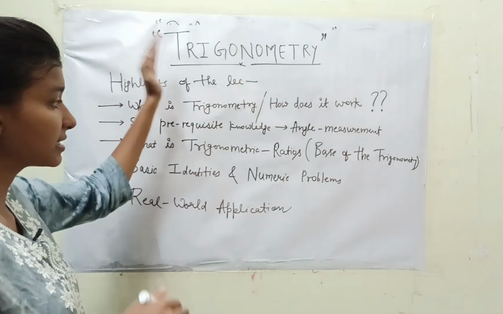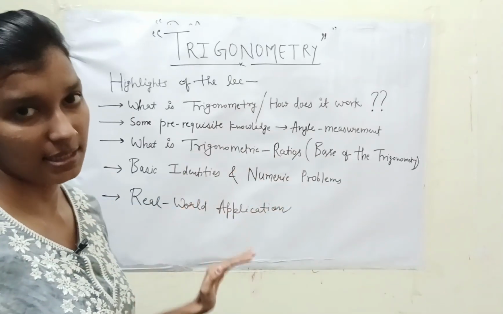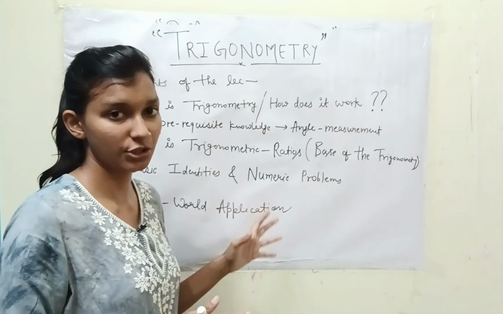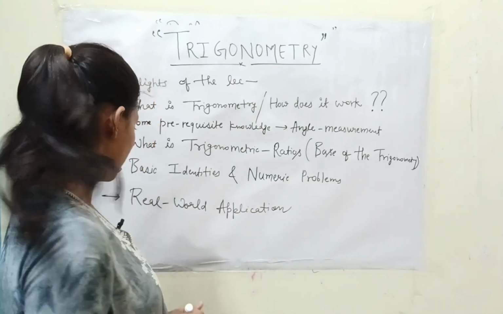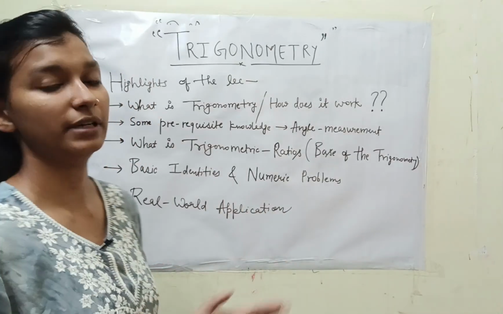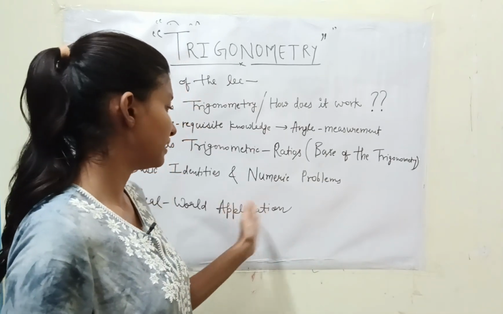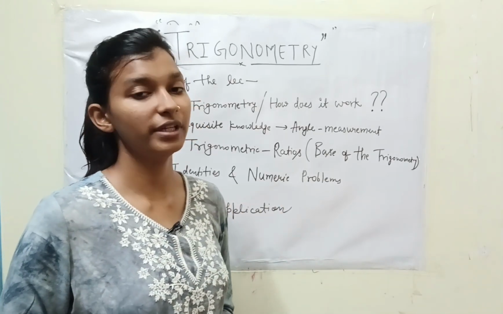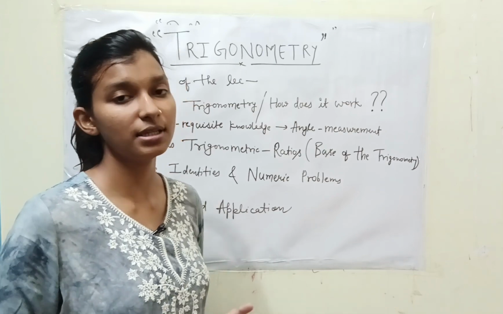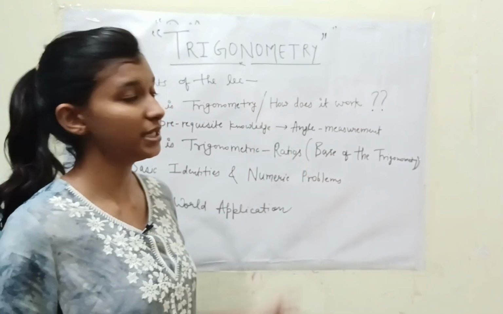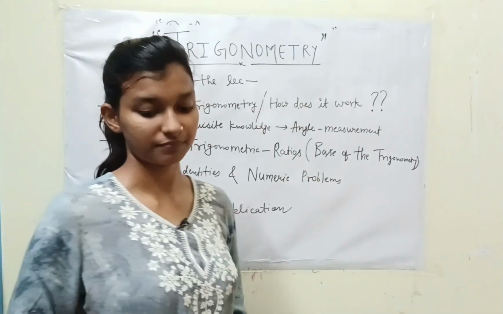Then, after discussing all these basic concepts, some brief knowledge of trigonometry, we will be able to understand the real world applications of trigonometry. That will answer our curiosity: why do we need to study this topic, and what is the significance of trigonometry in real world applications?